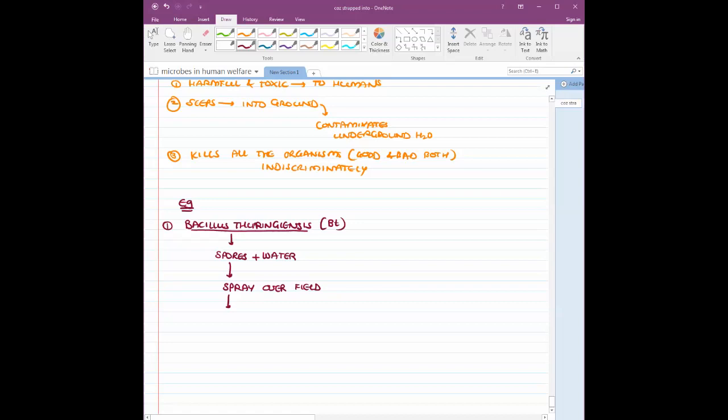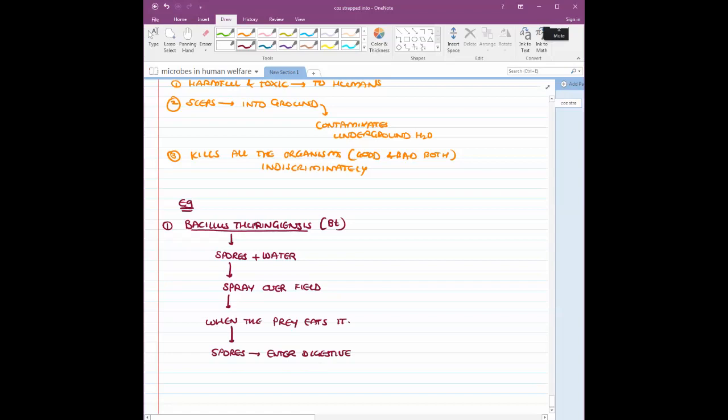So what happens is when the prey eats it, meaning the pest basically, when the prey eats it, guys, what is going to happen is the spores are going to enter into the digestive tract. Okay.